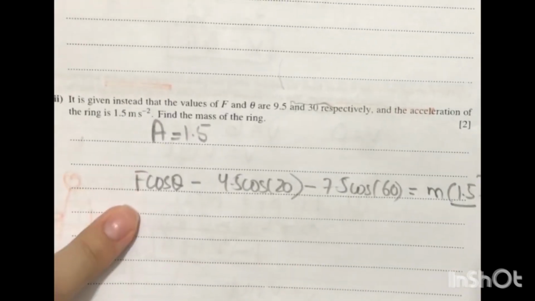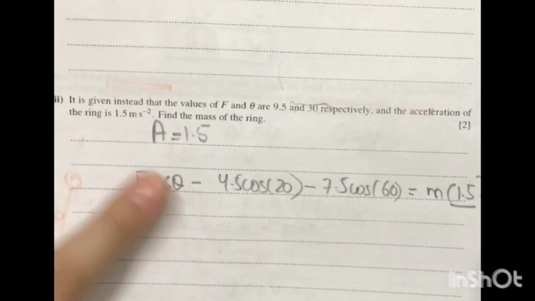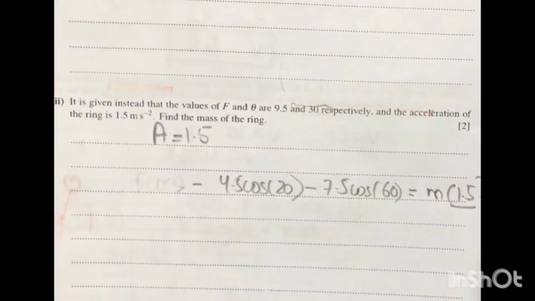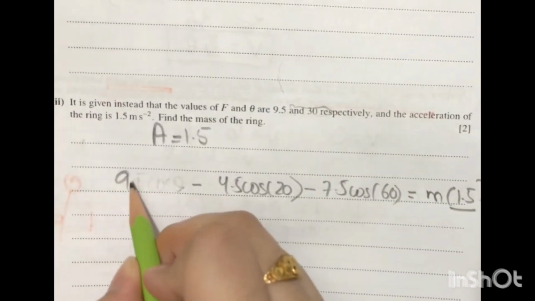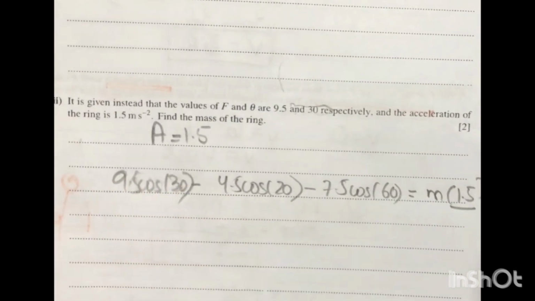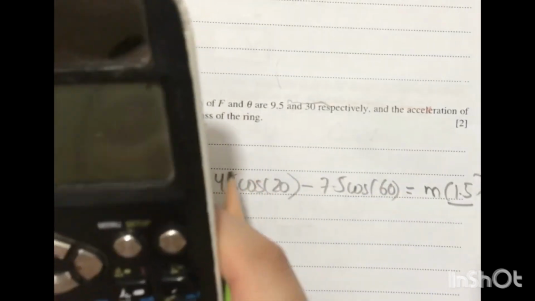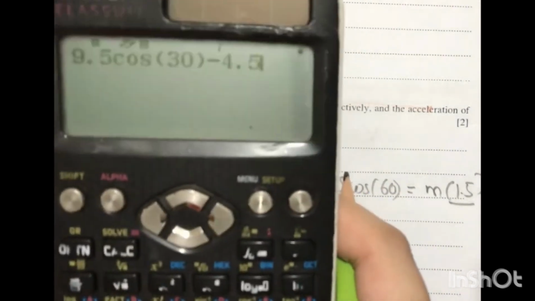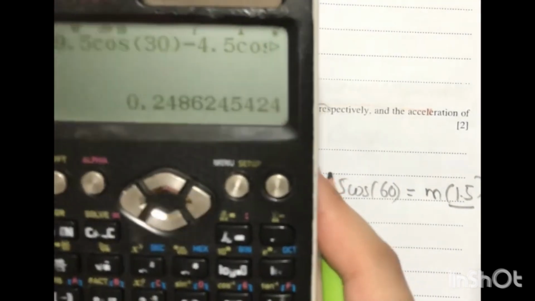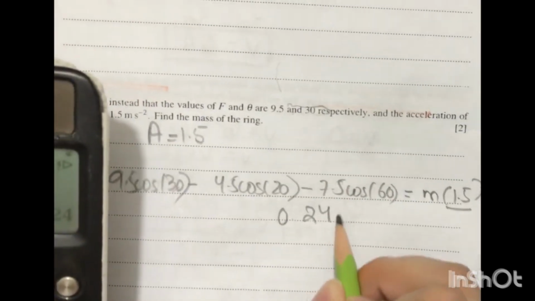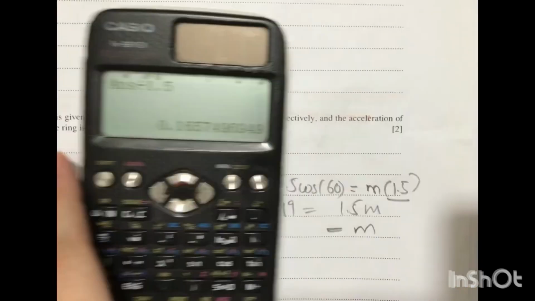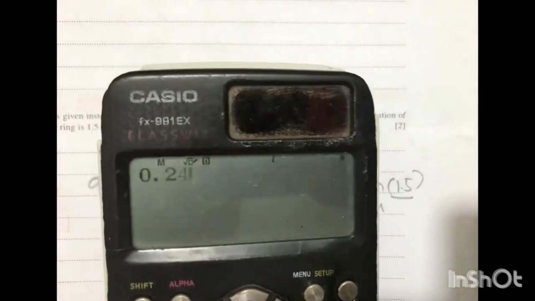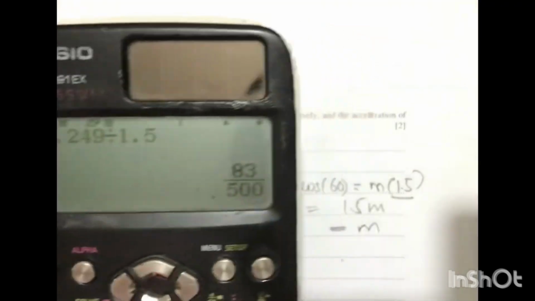And they've given us the value of F and theta, so we can write 9.5 cos 30 minus 4.5 cos 20 minus 7.5 cos 60, which is 0.249, is equal to 1.5 m. So the mass must be equal to 0.249 divided by 1.5, which is 0.166.